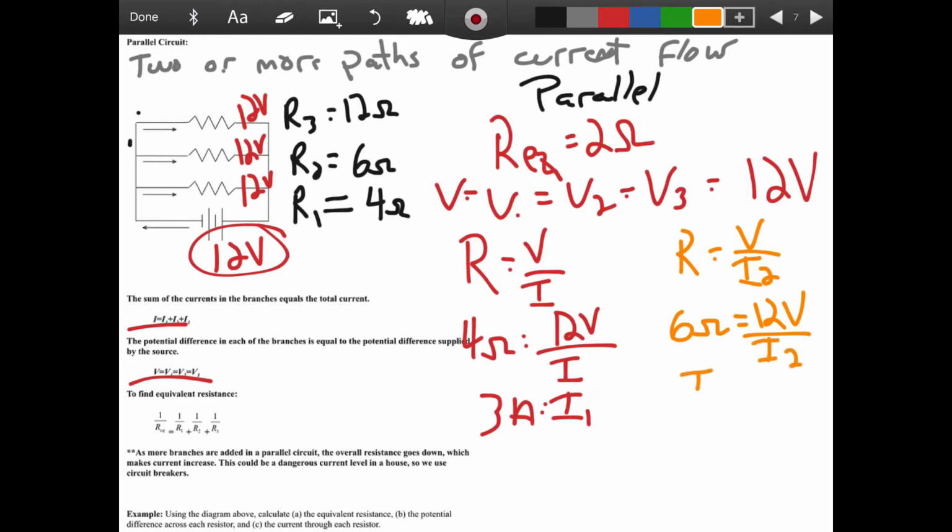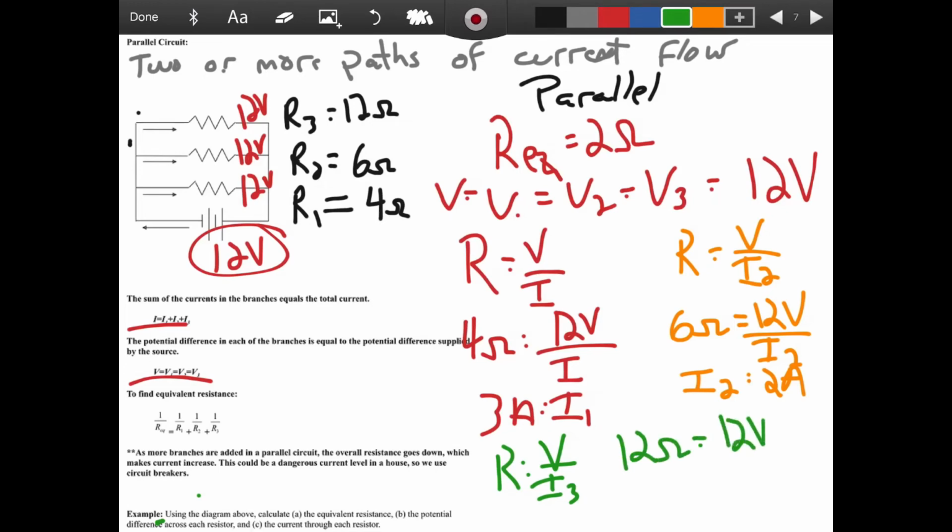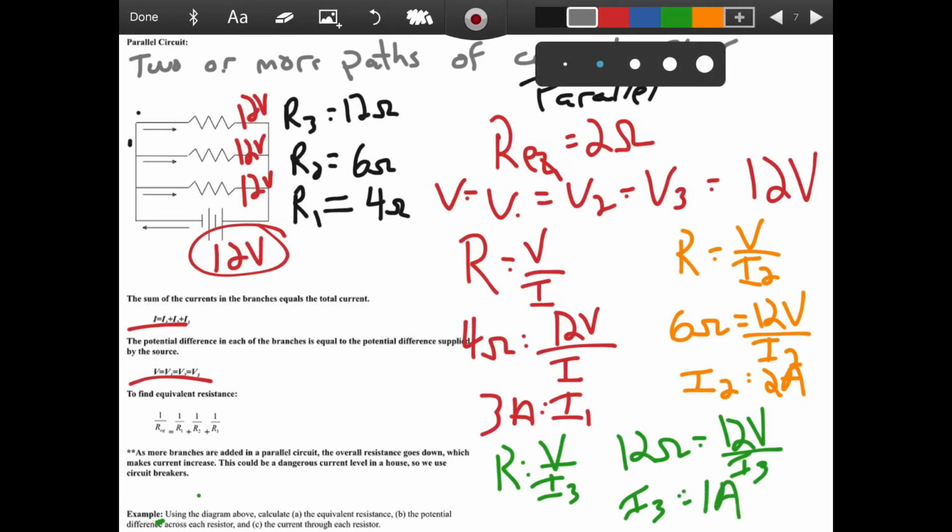And we should get that I2 equals 2 amps. And we have to do this one more time for the third resistor. Where this has a value of 12 ohms. We still know the potential difference, 12 volts. And this is I3. So I3 has a value of 1 amp.